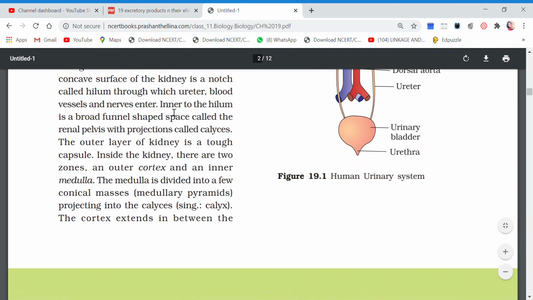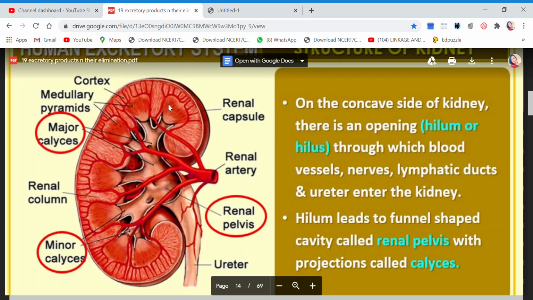Right? Then children, here they are saying the same thing, but let me show you your NCERT also. You can see here, inner to the hilum is a broad funnel shaped space called the renal pelvis with projections called calyces. Outer layer of kidney is a tough capsule. Now let me show you.